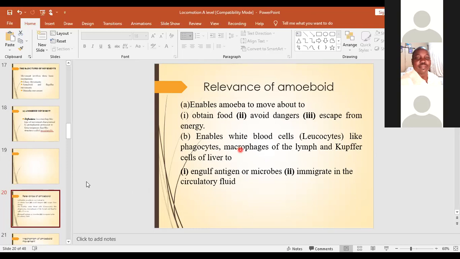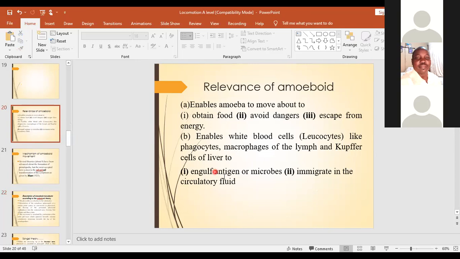All of them engulf an antigen or microbes, and because of that, they are capable of destroying those microbes, and then they migrate in the circulatory fluids. They move from wherever they are into the circulatory fluids like the blood and the lymph, using that kind of protrusion that enables them to move.